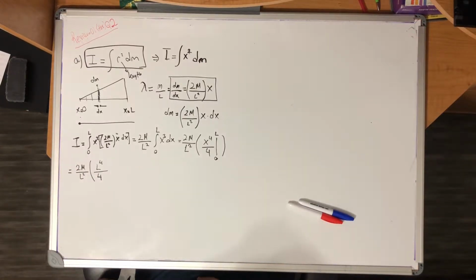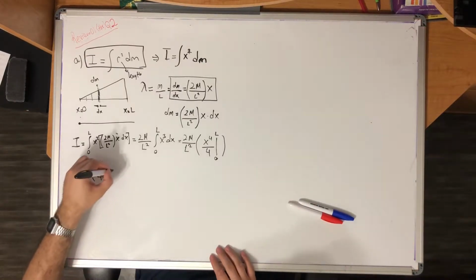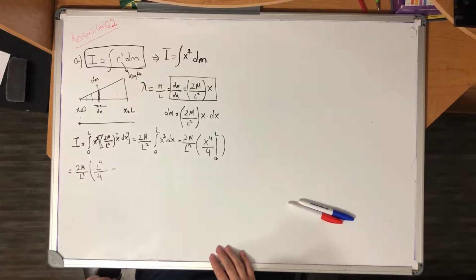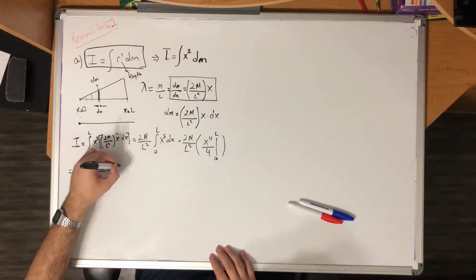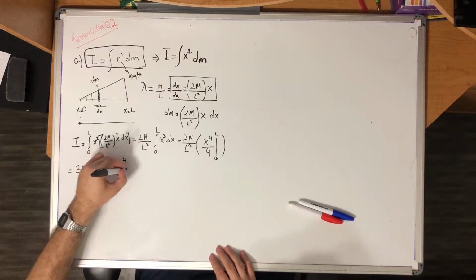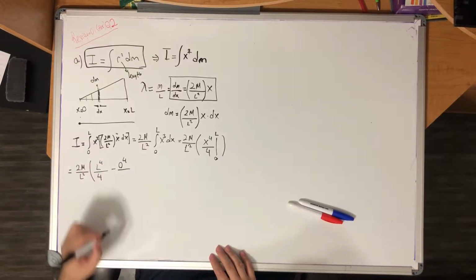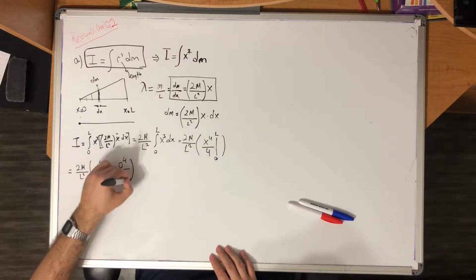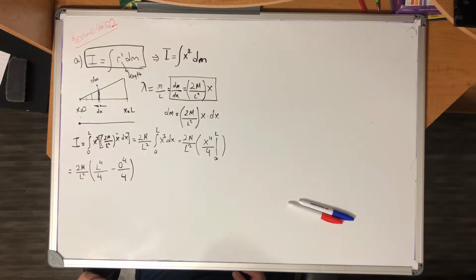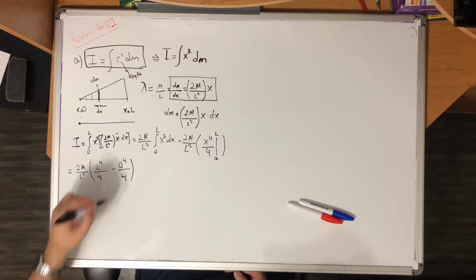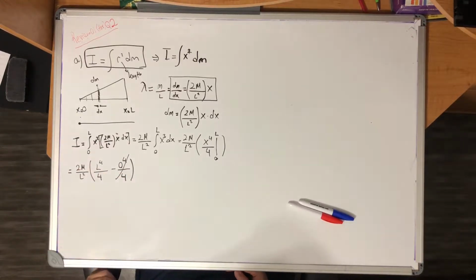This is me replacing the upper boundary, minus replace the variable with the lower boundary, 0 to the 4th divided by 4. So 0 times 0 times 0 times 0 is 0. 0 divided by 4 is again 0.